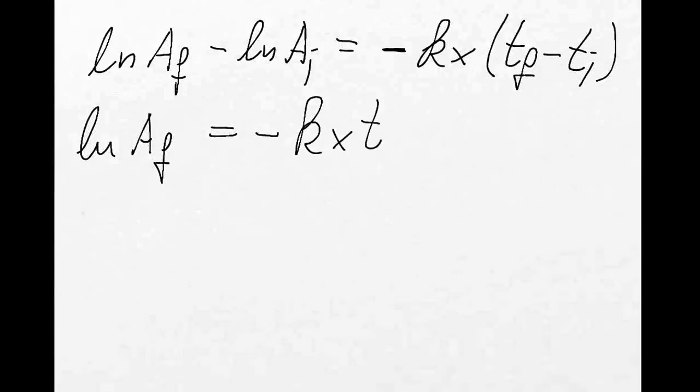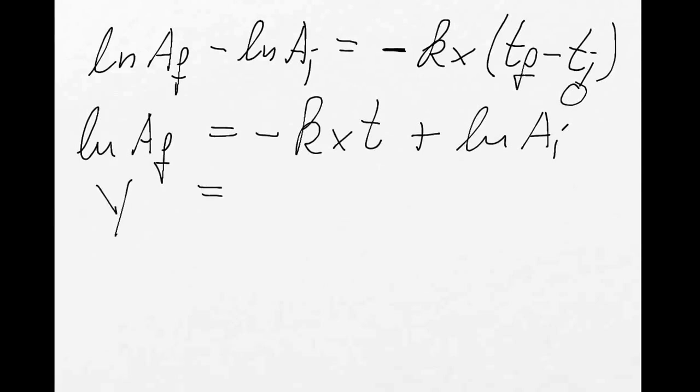So we get ln A final equals minus k times t, because we said that's 0, plus ln A initial. Straight line, even with an ln in it. y equals mx plus c.